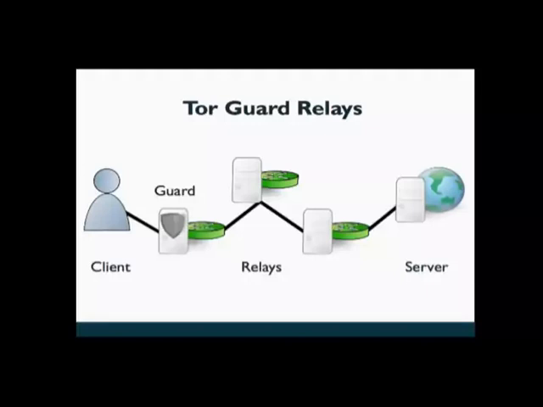The idea here is that by using this technique, clients can limit the number of relays that they give out their IP address to, so the number of relays who know their identity. And this also prevents an adversary who controls some guard nodes from doing pseudonymous profiling of a large number of clients. So guard nodes are used in the network.